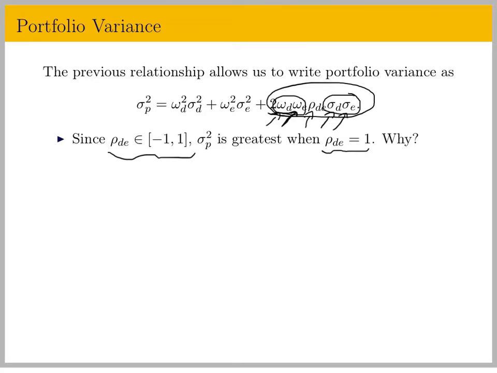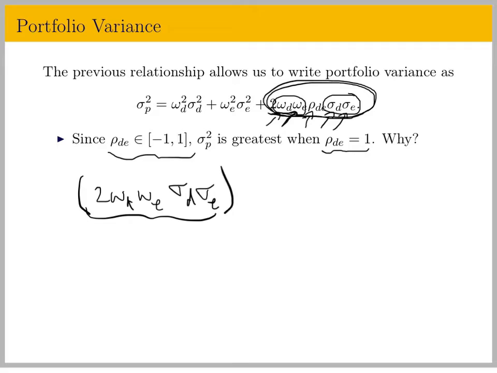So in that case, we know that this number over here is biggest when rho is equal to 1. Anything less than that, well, we can actually just write out. Think of that number as this: sigma d, sigma e, which is a positive number because everything here is a positive number individually.